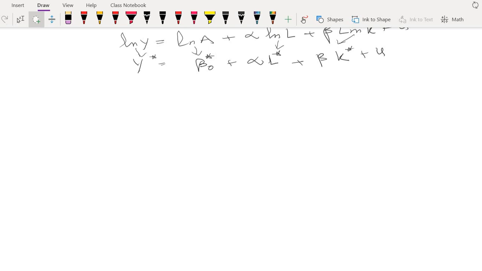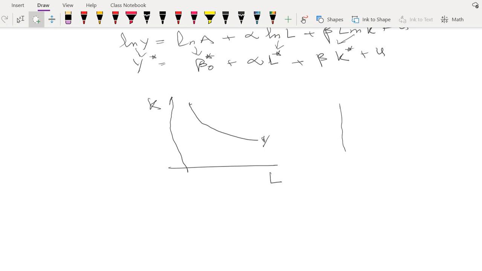If I try to plot a function of Cobb-Douglas type, with labor here and capital here, the variable y will look like this, and it's not a straight line, it's not linear.